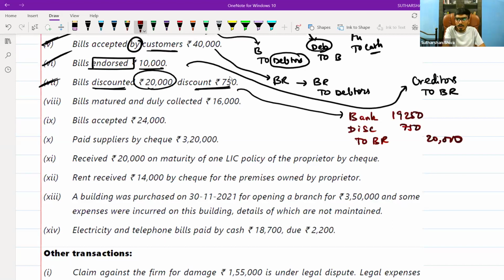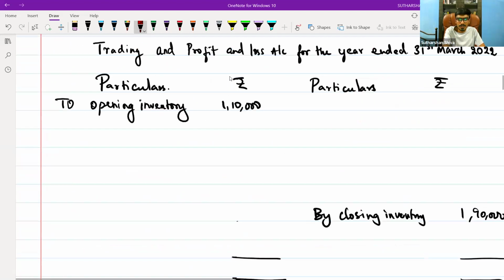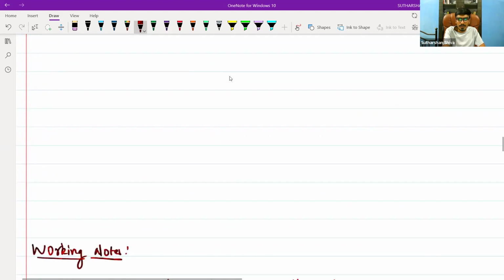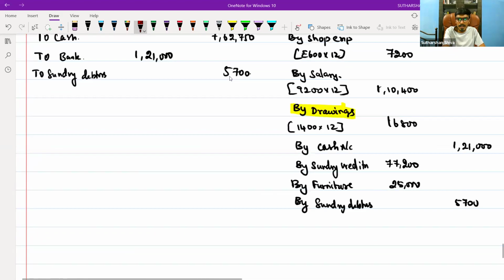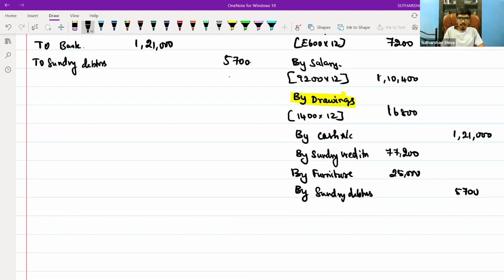What we will do? First, we will post it in the bank account. Go to your sixth working note. Post this. What is the value over there? Bank is on the debit side, right? So it will be to sundry debtors account.